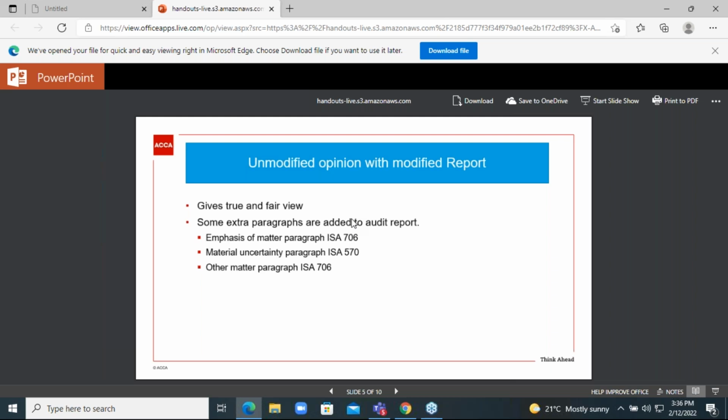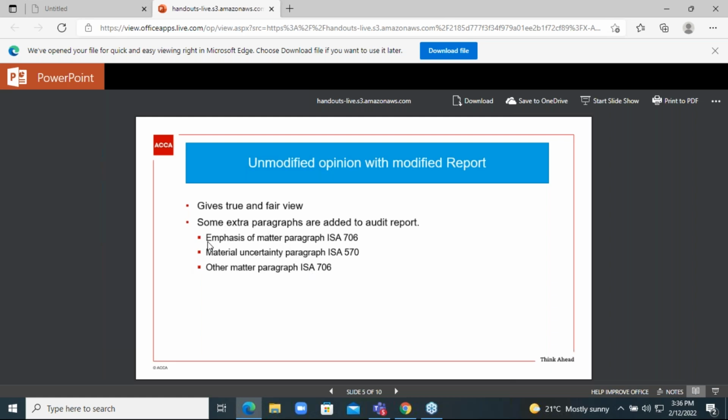So this means that we have no objection, there is no material misstatement found, or if found, it has been properly adjusted according to the accounting standards. Then why are there some extra paragraphs? Due to these extra paragraphs, the report is modified, or we could say that these are additional communications that are not part of the normal audit report.